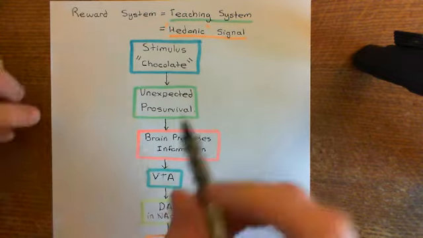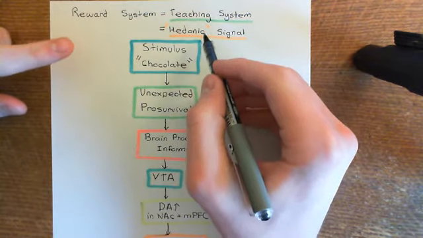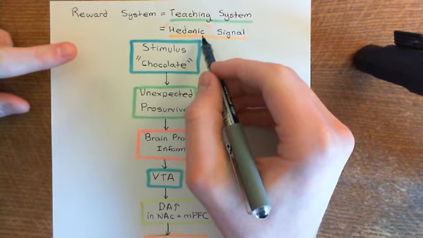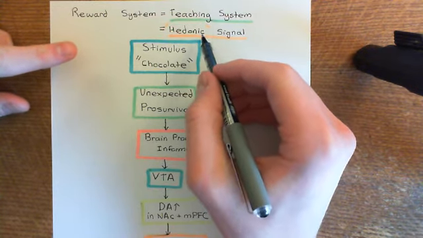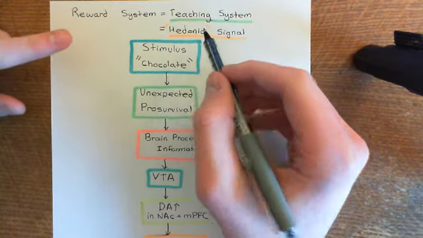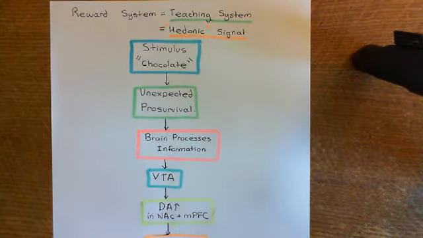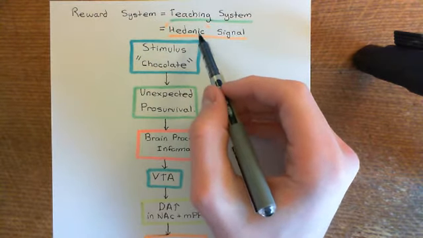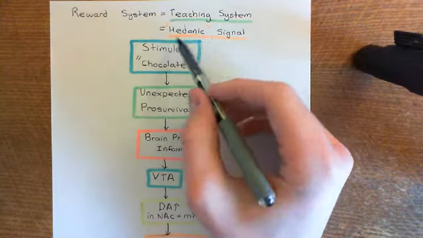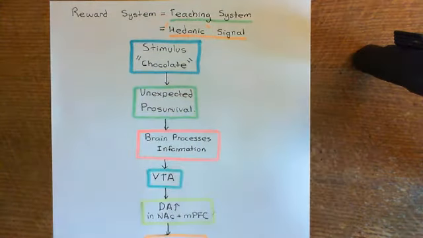What we used to believe was that rises in dopamine in the nucleus accumbens and the medial prefrontal cortex, particularly the nucleus accumbens, was responsible for that pleasure that you get when you eat something lovely like chocolate. We don't think it is anymore. We think that the hedonic signal is instead due to endorphins and things like that, beta endorphin being an obvious example.